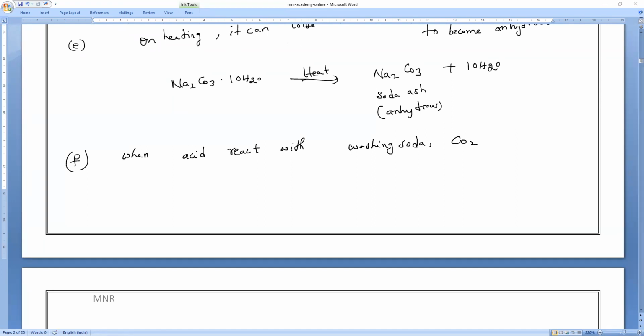CO2 gas is produced. Am I right or wrong? Yes, bicarbonate and carbonate. So remember that.